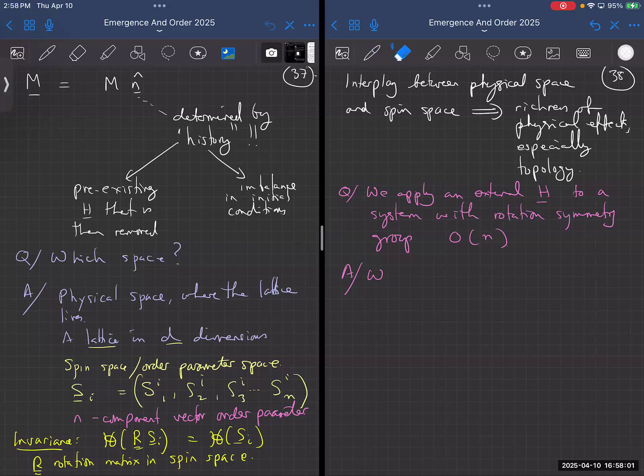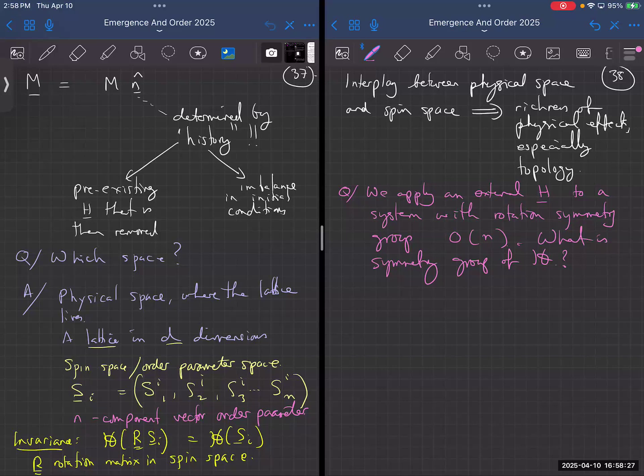So let me just phrase the question. I start off with a Hamiltonian with symmetry O(N), rotations in n dimensions. Now I apply an external magnetic field in this direction like this. So now my Hamiltonian has got the H term in it.